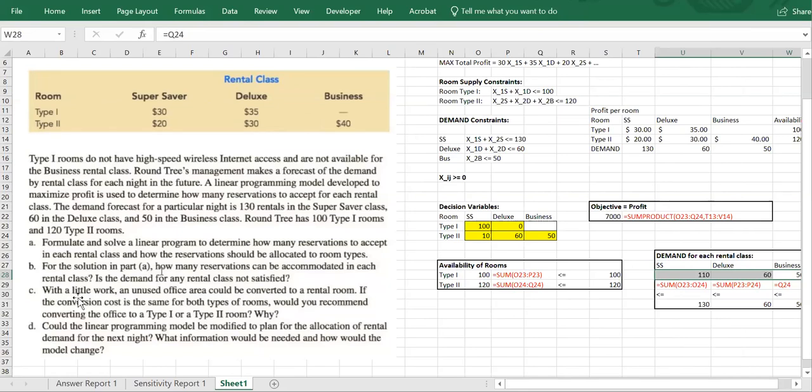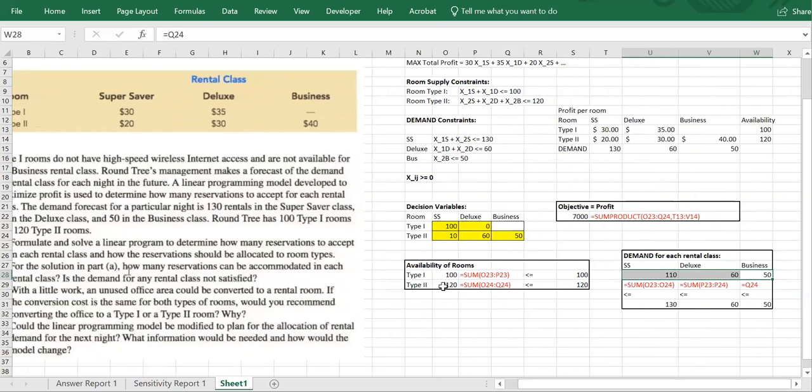With a little work, an unused office area could be converted to a rental room if the conversion cost is the same for both types of room. Would you recommend converting the office to a type 1 or a type 2 room, and why? So this question asks, the current availability is 100 units of type 1 room and 120 units of type 2 rooms.